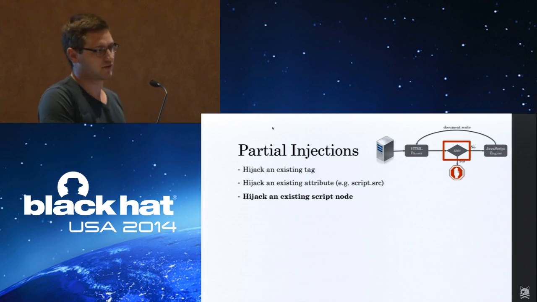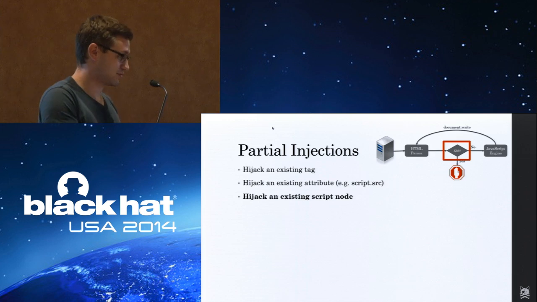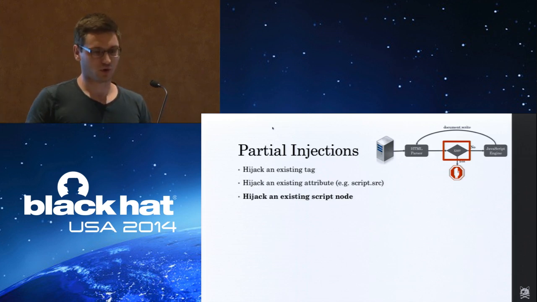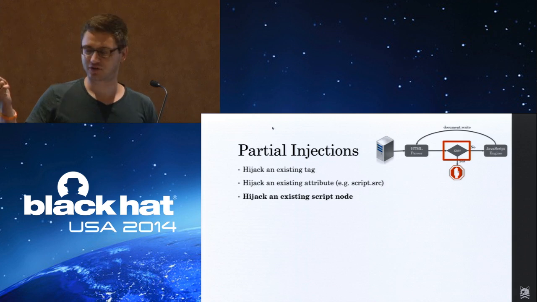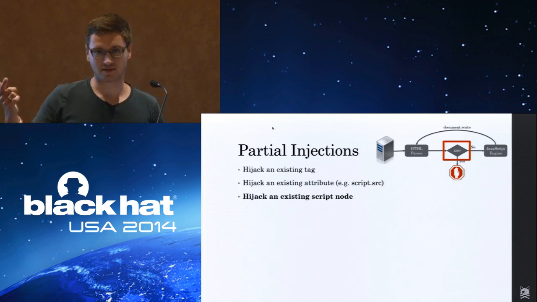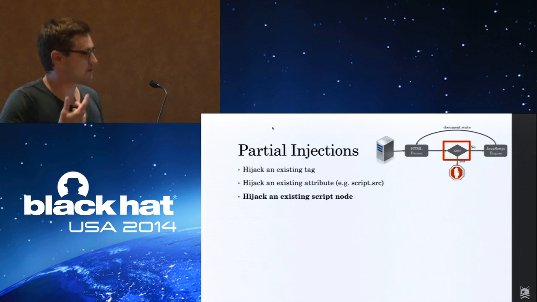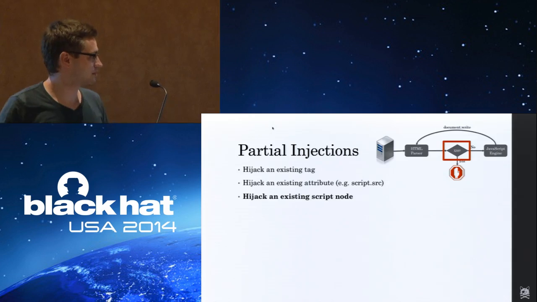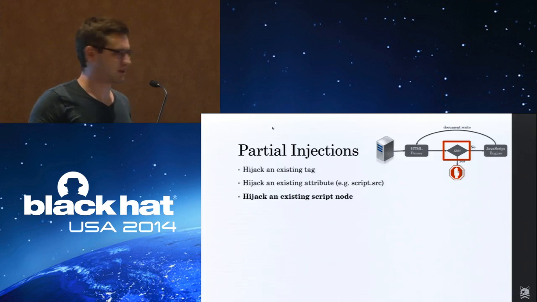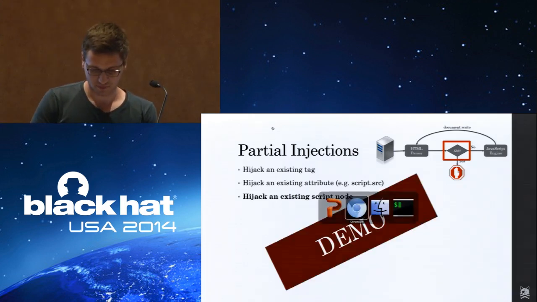And as Martin said already, for scripts, Chrome looks not only at the attribute's value but also the name. So the name would not be contained in the request, but only the value. So this is obviously a bypass. And then there's a third way of going about it, and I'm going to show you a small demo: hijack an existing script node.